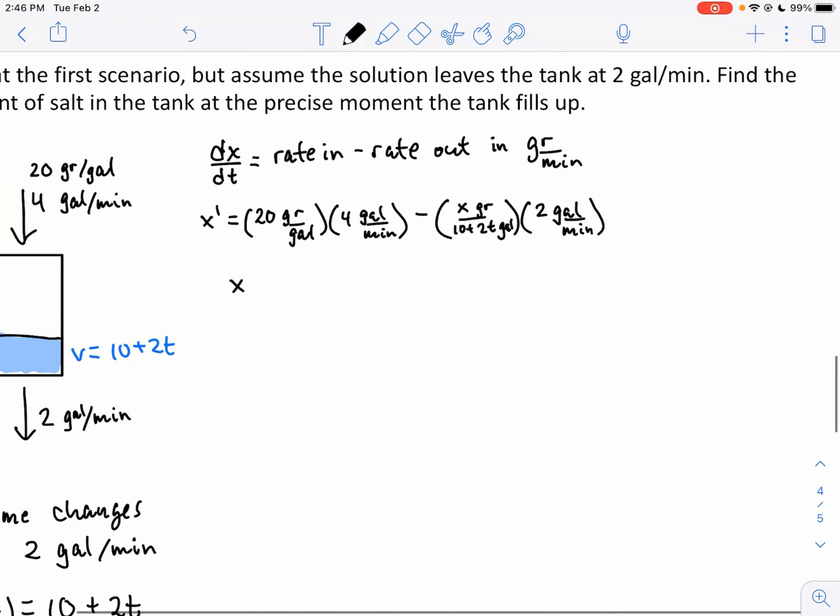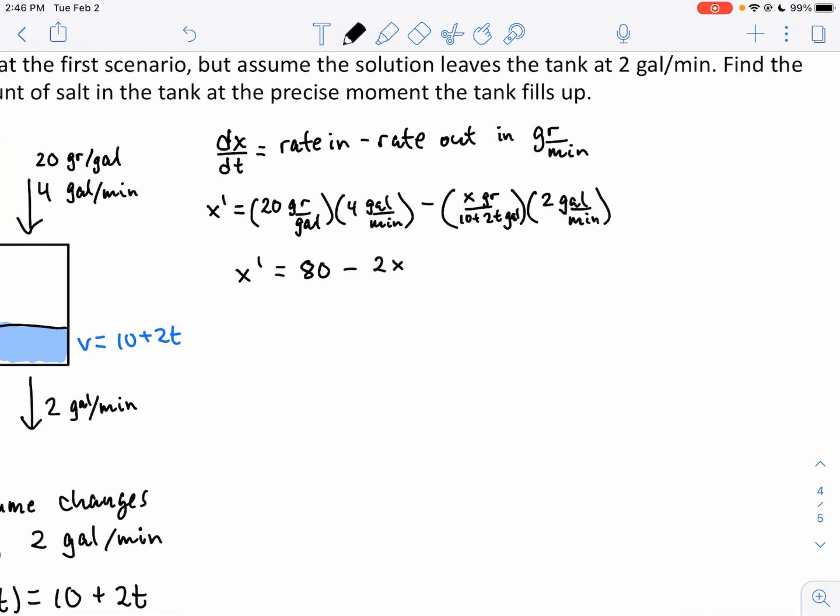Okay, so our differential equation becomes x prime is equal to 80 grams per minute minus 2x over 10 plus 2t grams per minute. And this one can be simplified a little bit. So we have 80 minus x over 5 plus t. I just simplified that fraction.